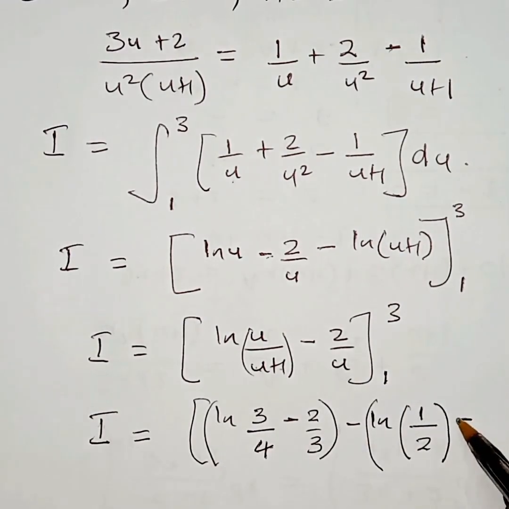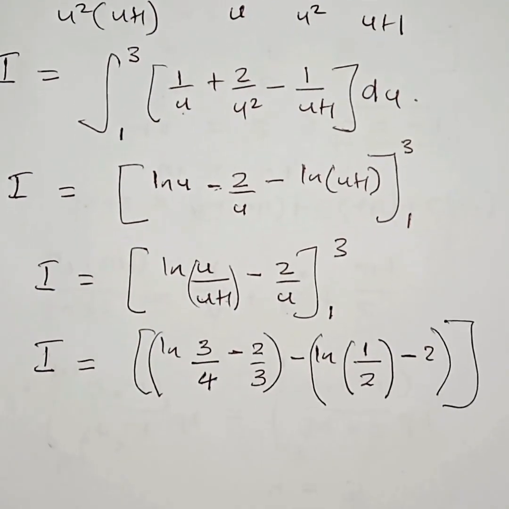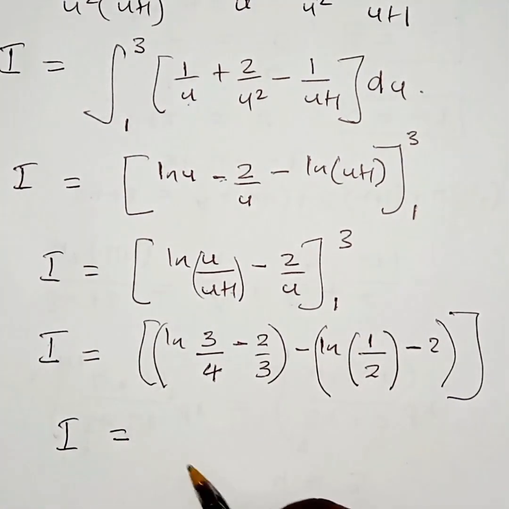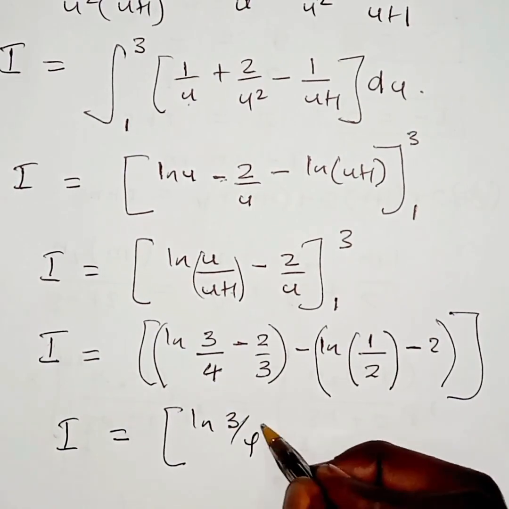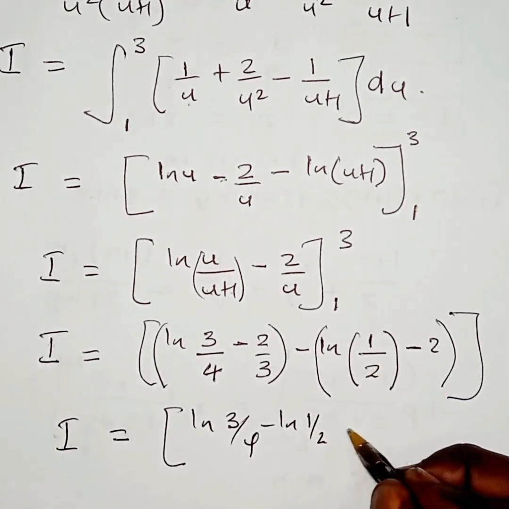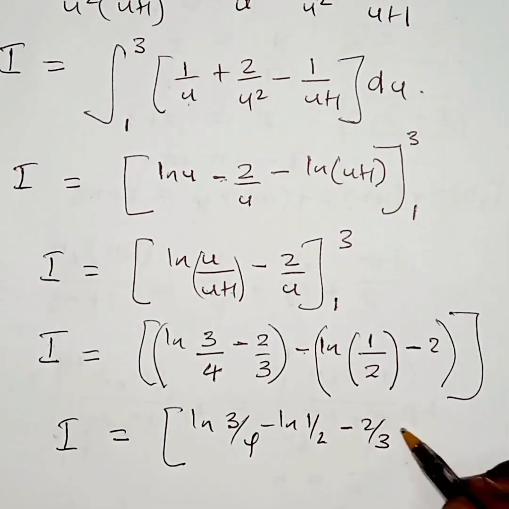Then minus 2 over 1, that's just a 2. All right. Now we are going to simplify that further. We are going to say I, the integral, is equal to ln 3 over 4 minus ln 1 over 2, this one, then minus 2 over 3. The negative is multiplying that, so we say plus 2.